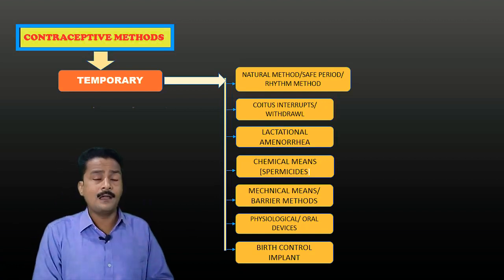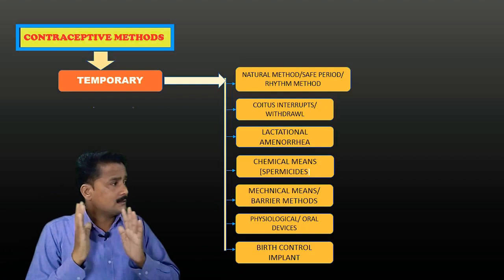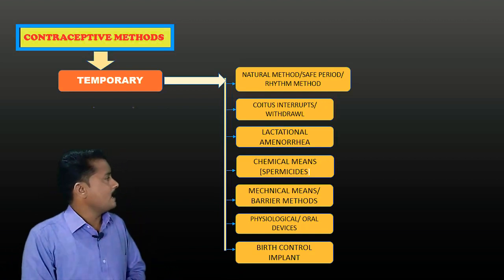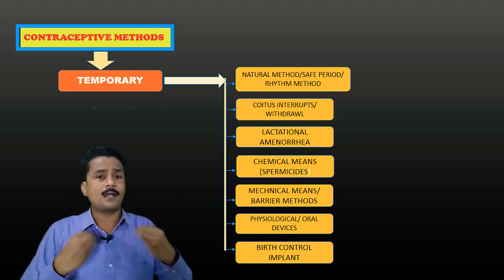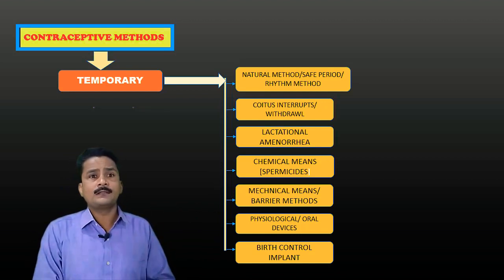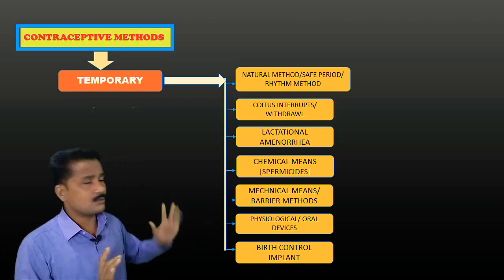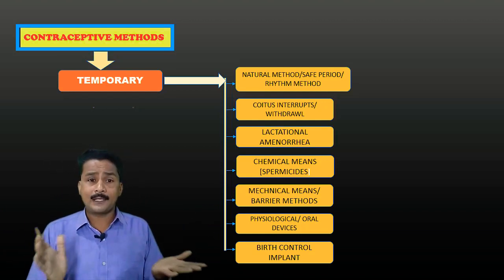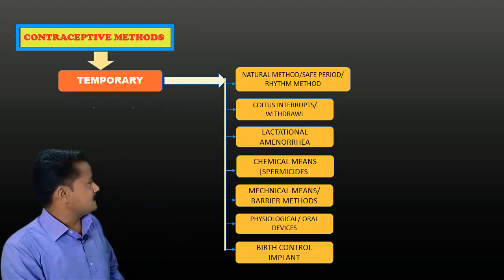In that period of intense lactation, ovulation is avoided, and in that situation pregnancy cannot occur. But here also the chances of failure are present, so it is also not a 100% accurate or reliable method. So that is the third method.